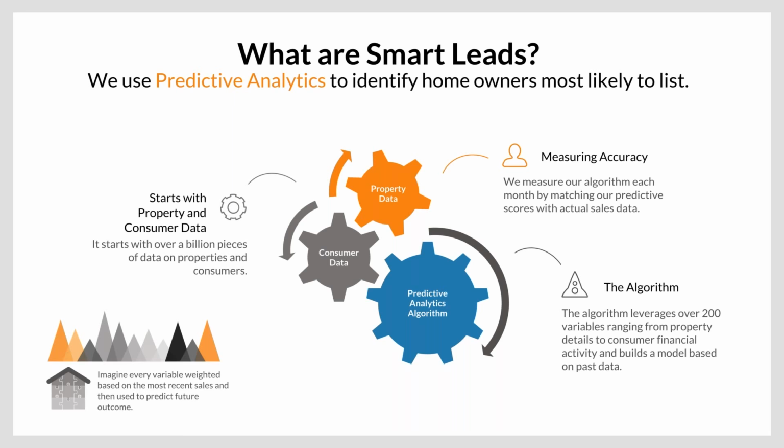Now, on our side, we are actually running our own verification campaigns to these homeowners scored over 70, to not only verify our data and improve our algorithm, but also identify any hand raises that might come along the way, saying, yes, I actually am thinking of listing, and they engage with one of our campaigns, whether it be our call center reaching out doing surveys, or our home value report that we're doing through Facebook and Google.